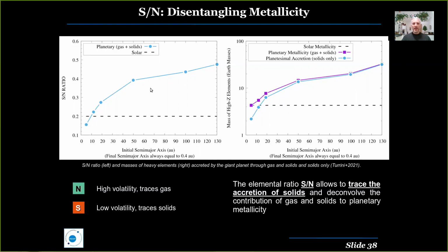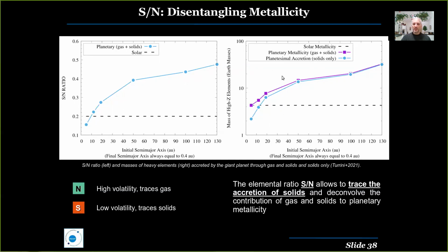So if we have the estimation of the sulfur over nitrogen ratio and we compare it with the metallicity that we can estimate from the density or the mass radius relationship of a giant planet, and the 2 match, we know and we have a confirmation that the giant planet formed far away from the star and accreted most of these heavy elements through solids.